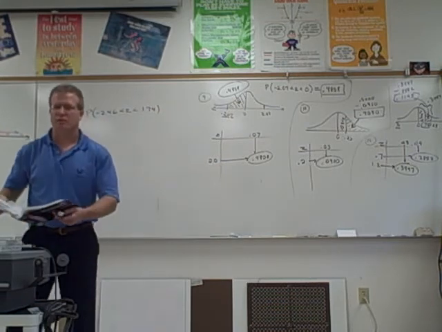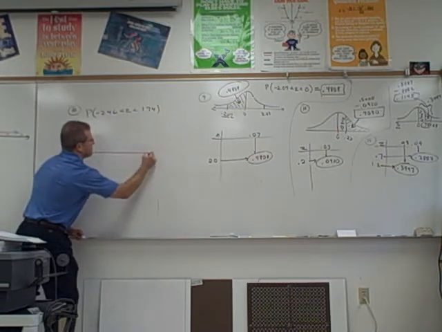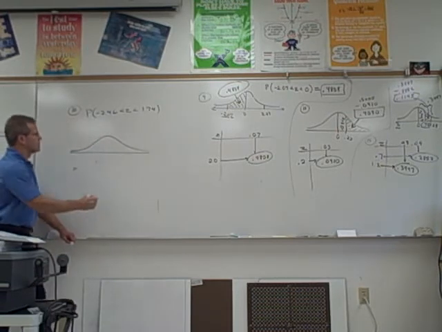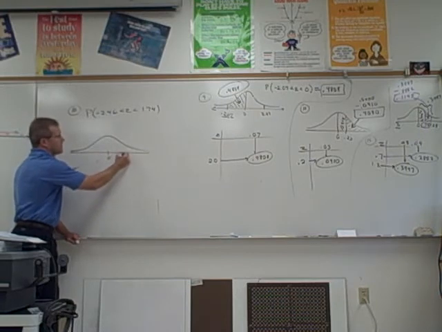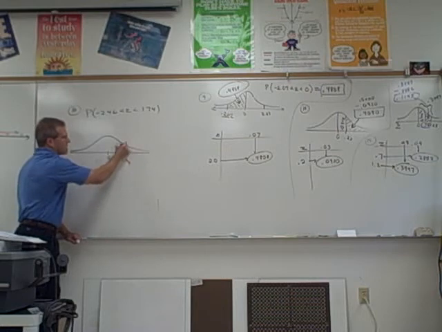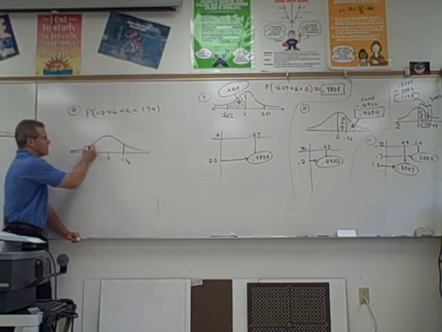So the probabilities are represented by the areas under the curve again. So this isn't hard. All you do is you draw your picture again. You draw a picture on every problem. Put 0 in the middle. 1.74 would be somewhere over here to the right. It doesn't have to be perfect. Negative 2.46 would be further out here to the left.